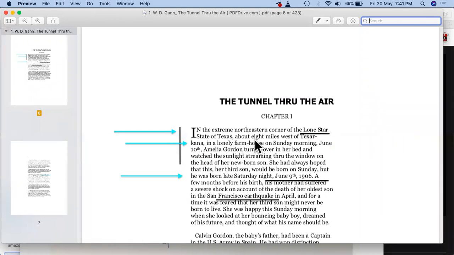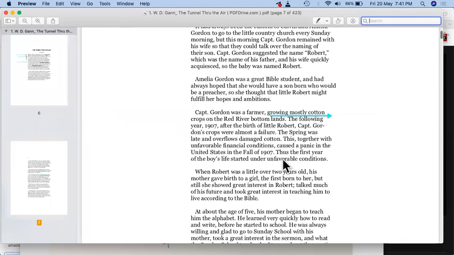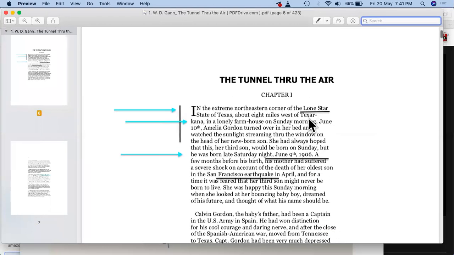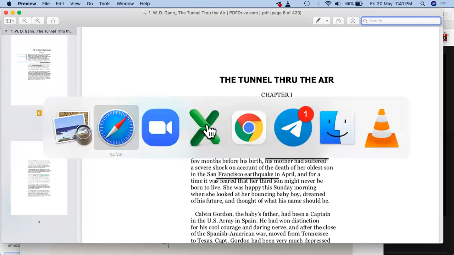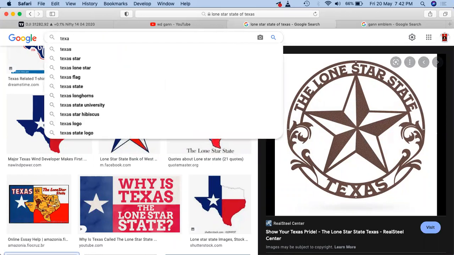And the next part is about 8 miles west of Texarkana. Now again, Texarkana, if you see in the overall chapter, you don't find much, maybe. But as a hint, maybe Texer is something different and Kana is something separate. So let's try to find out about that also. Texarkana.